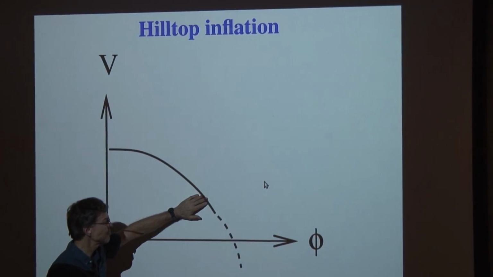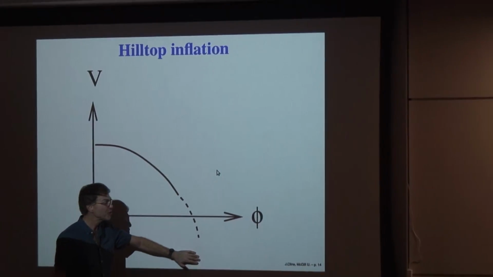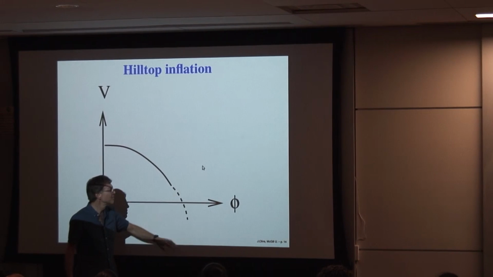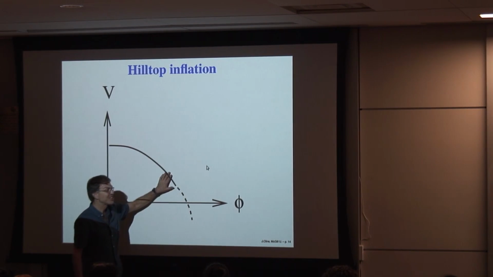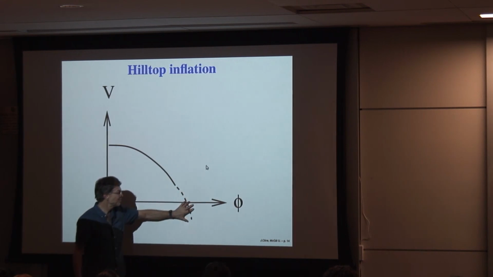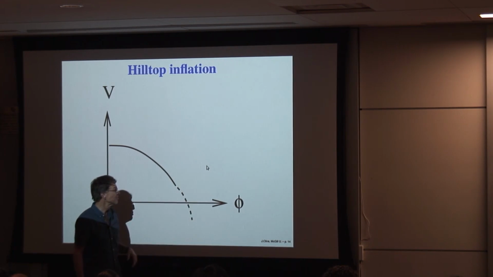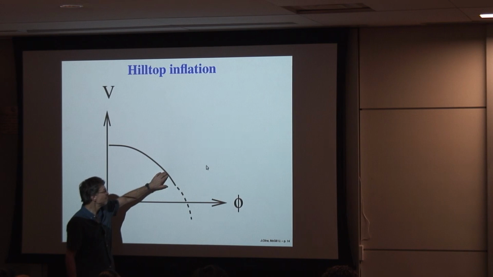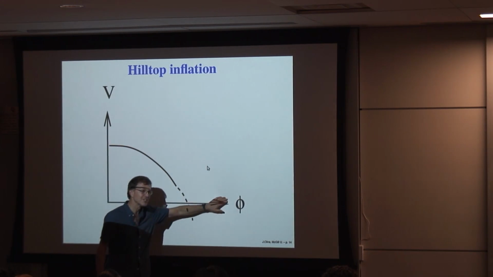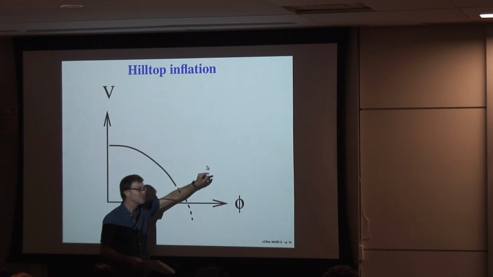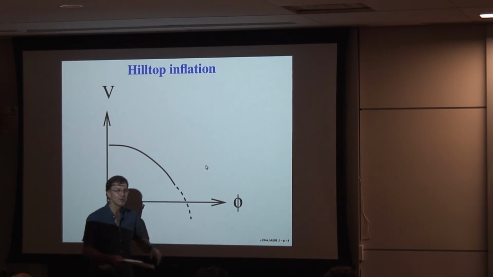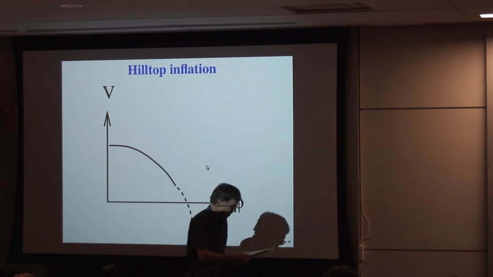And of course, that wouldn't be a good parameterization forever because that would be unbounded from below. But you don't really care because inflation is going to end before you see these details. And so you could just imagine morphing this onto something that's doing something reasonable, but whose exact behavior you can't really probe with the CMB.